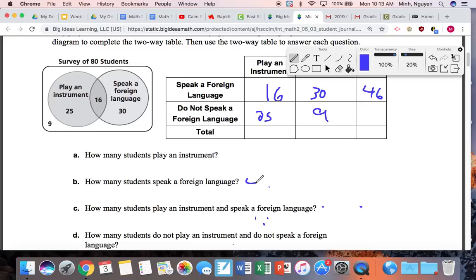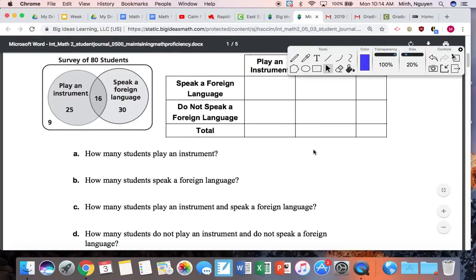There you go. How many students play an instrument and speak a foreign language? 16. So this is just finding the category in the table, which is just being detail-oriented, being careful and making sure you discern which is the right category moving forward.